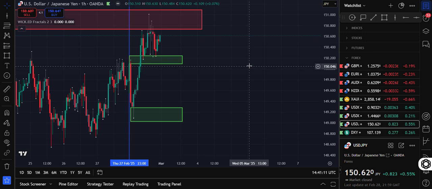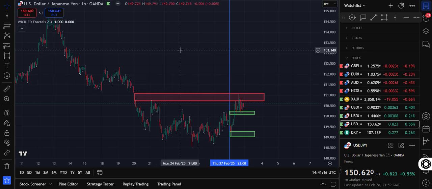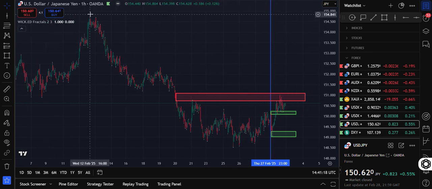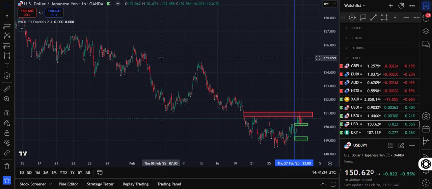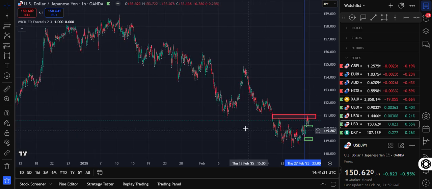Here we go, USDJPY. Again on this one, similar to DXY, we've been downtrending since the middle of Feb, but we've actually been downtrending overall since the high here, which was on the 10th of January. Been pushing all the way down here.